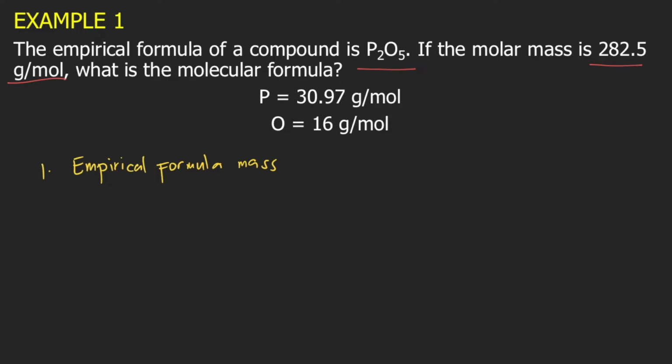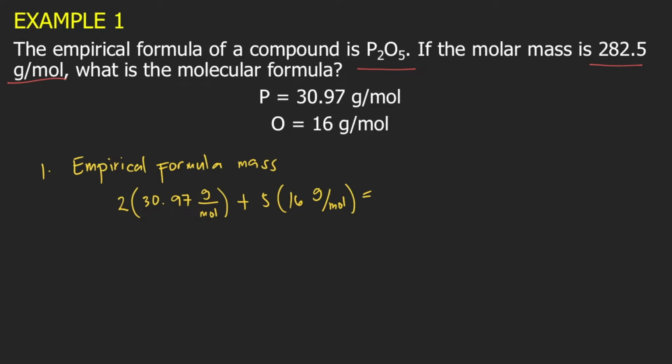Okay, so our empirical formula is P2O5. So we need to solve the molar mass of P2O5. So there are 2 phosphorus, so 2 times 30.97 grams per mole, plus there are 5 oxygens, so 5 times 16 grams per mole.